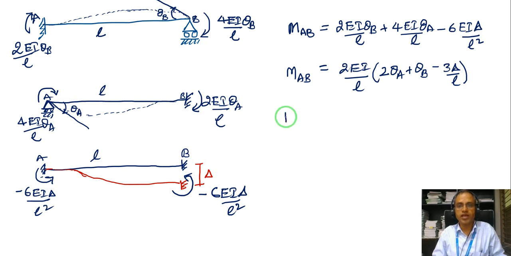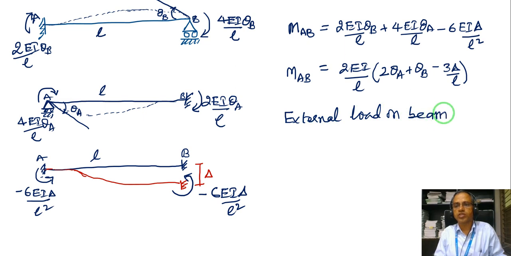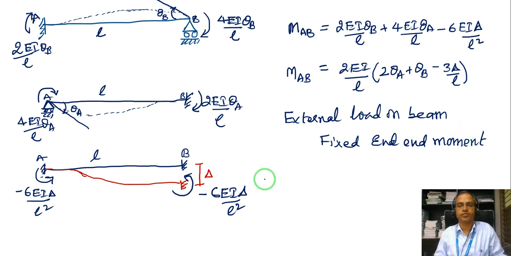If there is any external load on the beam, this produces a fixed end moment on the joint.